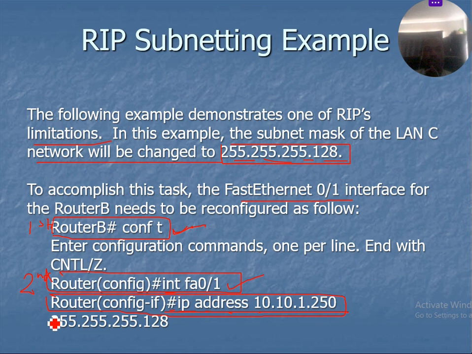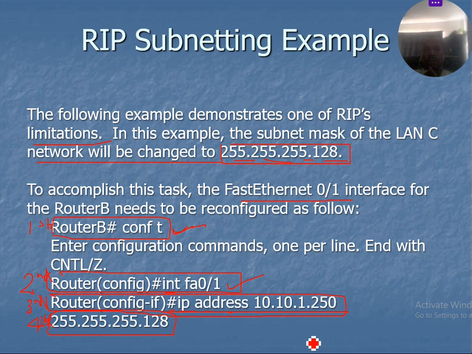The last one, the fourth, you follow with the variable length subnet mask. You just put only the variable length subnet mask. Is that okay? So when you do that, then you will get this router B running.